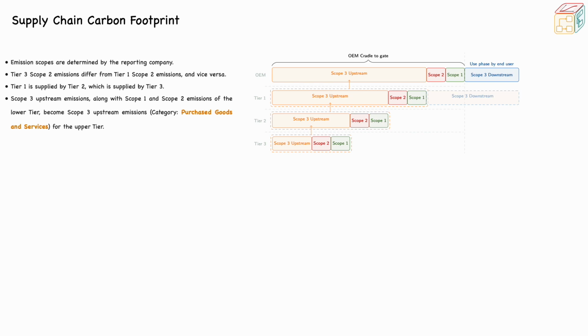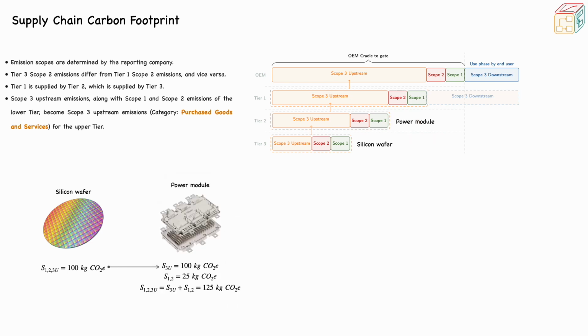Let's say that the Tier 3 is producing silicon wafers with a global warming impact of 100 kilograms of CO2 equivalent. The wafer is going to be used to produce power module, so the 100 become the Scope 3 upstream of the power module.